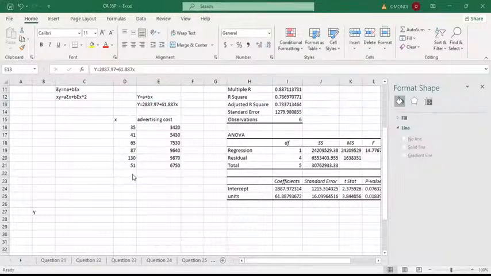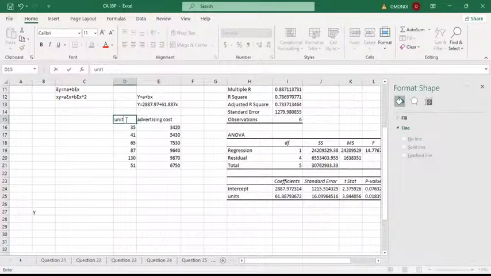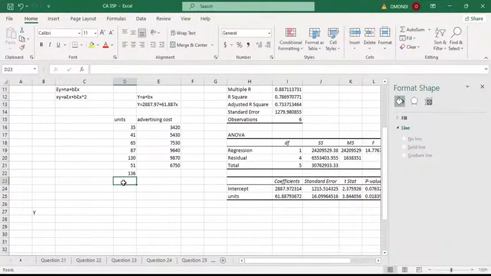Then the examiner now goes ahead and tells you to get us the advertising cost which will be incurred if I add 136 units.